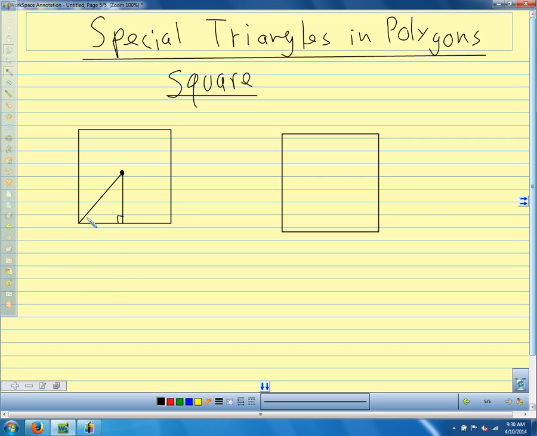This triangle is a 45, 45, 90 triangle. And this length is half a side. This cuts the side in half. So we end up with a 45, 45, 90 triangle when we draw the radius and the apothem of a square. And we can use our rules for 45, 45, 90 triangles to find side lengths.